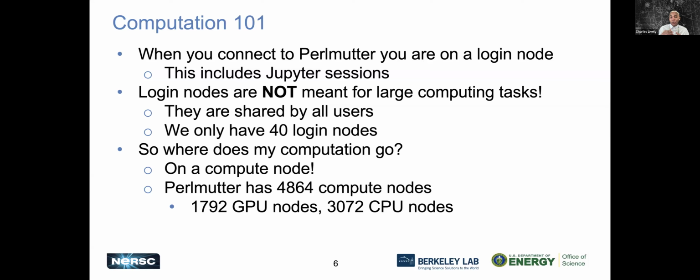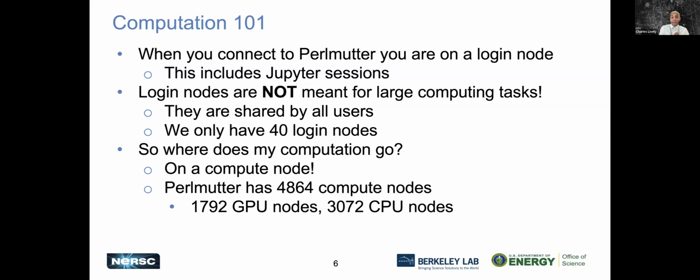They're also shared by users, and we only have about 40 login nodes. So we recommend using the login nodes for just quick debugging and little trial runs, but nothing too big.